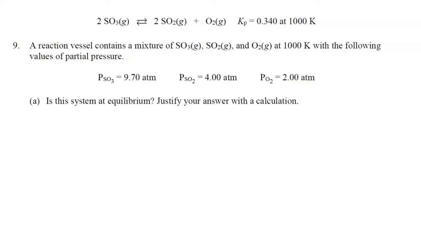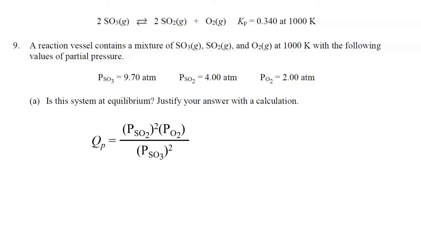So to check, we're going to do products over reactants. It's going to be pressure of SO2 squared times pressure of O2 divided by pressure of SO3 squared. So that's our QP expression, and we'll plug in the number 4 for the pressure of SO2. It's going to be 4 squared.